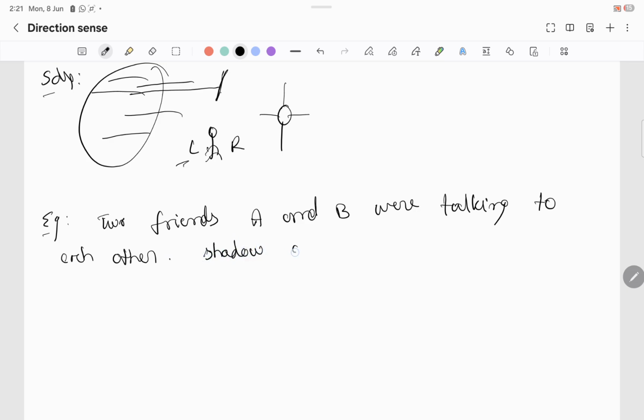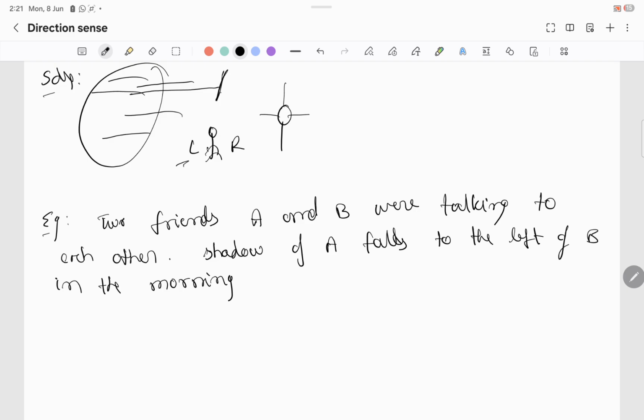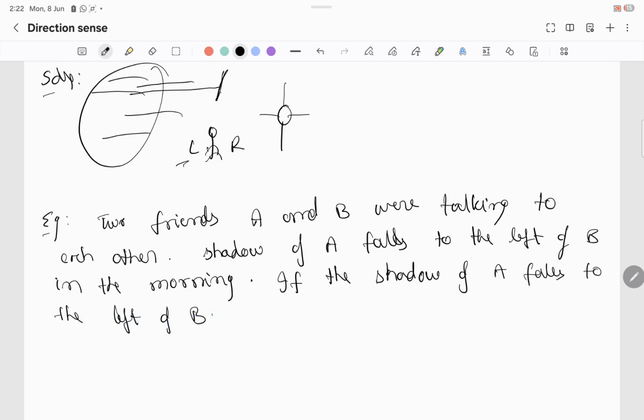Shadow of A falls to the left of B. In the morning, this should be mentioned, morning or evening, otherwise we can't do that. It means the answer is can't be determined. If the shadow of A falls to the left of B, okay, let us complete the question.